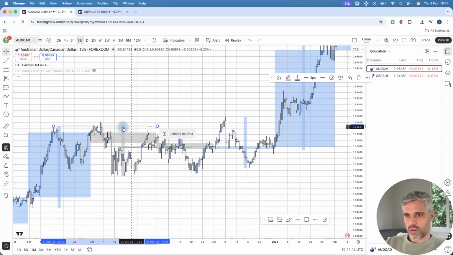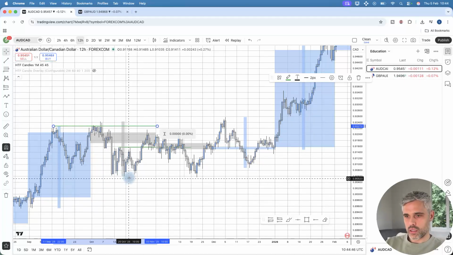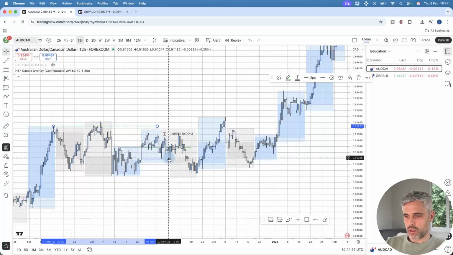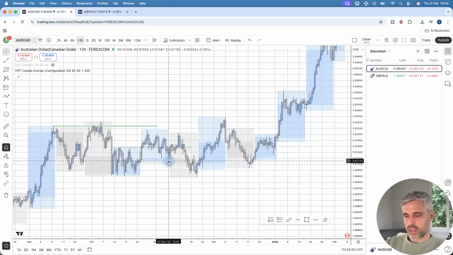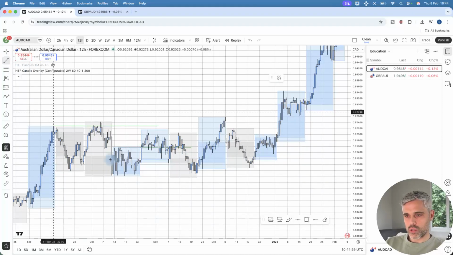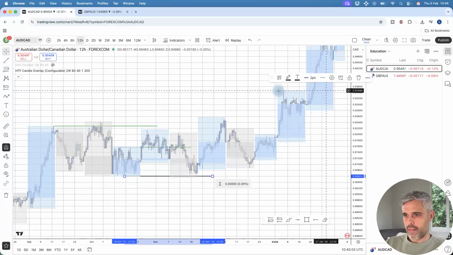Okay, we have a previous sweep. We're expecting distribution to at least this low. So when we bring back the 2 week and we get this close in the market, we're expecting price to trade into internal range liquidity and then distribute to the 2 week exposed target, which is exactly what happens.